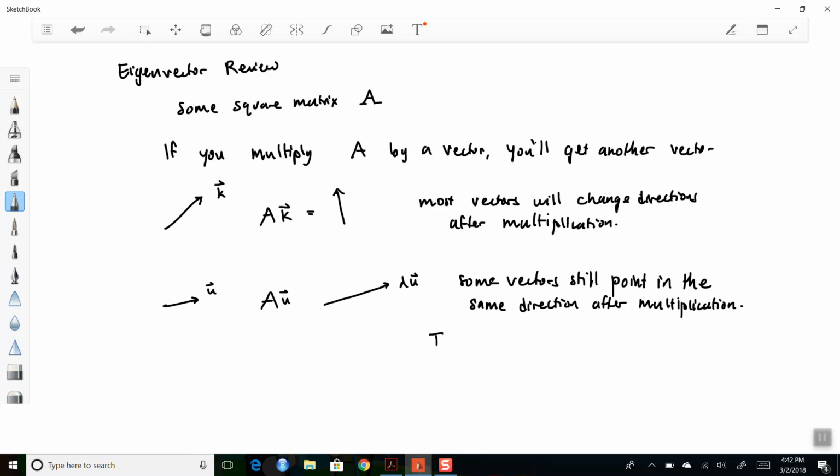So this then, u is an eigenvector of A. So if we look at the variance covariance matrix of Y, then its eigenvectors end up being the projections that we will use to maximize the resulting variance for our principal components analysis.